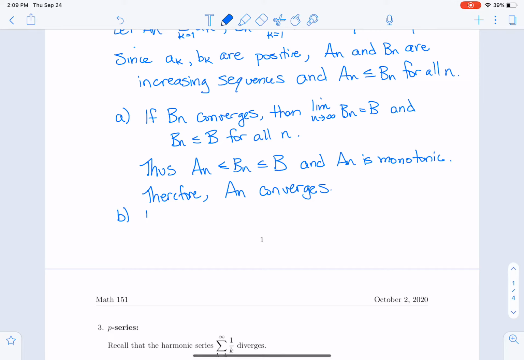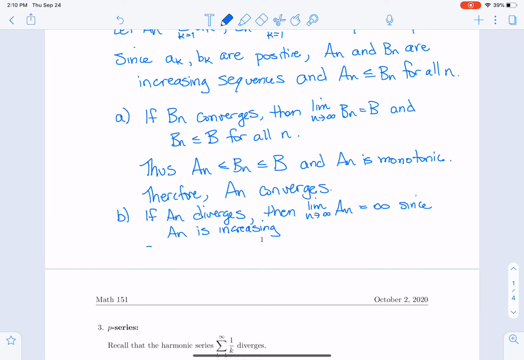So we want to use similar arguments here for the next part. Okay, we want to say if A sub n diverges, then we can say that the limit as n goes to infinity of A sub n is in fact infinity. Now, not all divergent sequences have to go to infinity, but because A sub n is a sequence of partial sums that is increasing, it must diverge to infinity. So this is since A sub n is increasing.